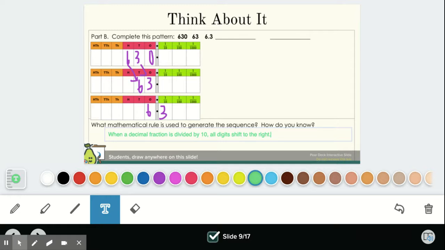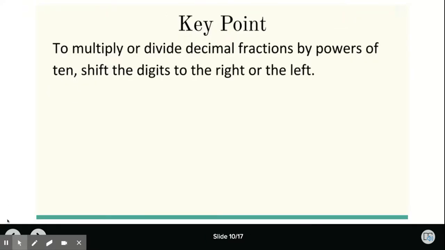Okay, so again, if you're a little bit confused about the zeros, that's okay. Let's make sure you get this second main concept, which is when a decimal fraction is divided by 10, all digits shift to the right. And this is all in our key point, which is right here. To multiply or divide decimal fractions by powers of 10, shift the digits to the right or the left.